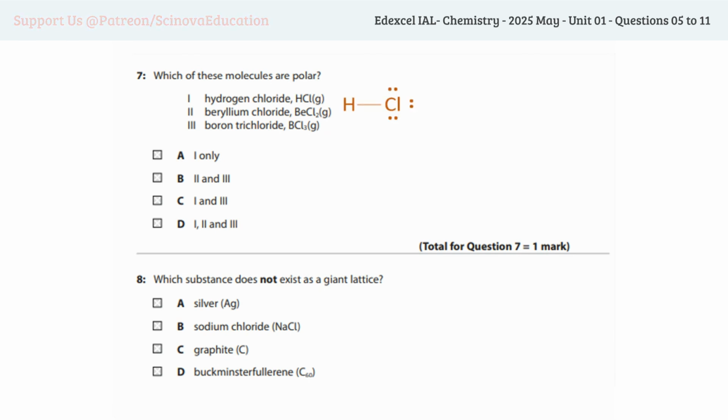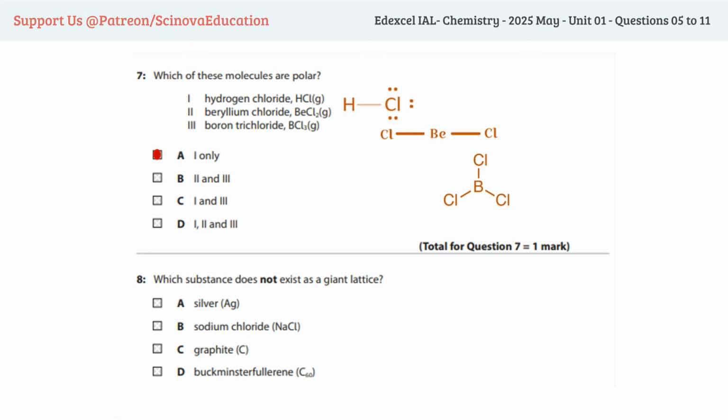In HCl, the dipole moments are not cancelling off. Beryllium chloride is a linear molecule, so the dipole moments cancel off. Boron trichloride is a trigonal planar molecule, so there also the dipole moments cancel off. So the answer is option A.